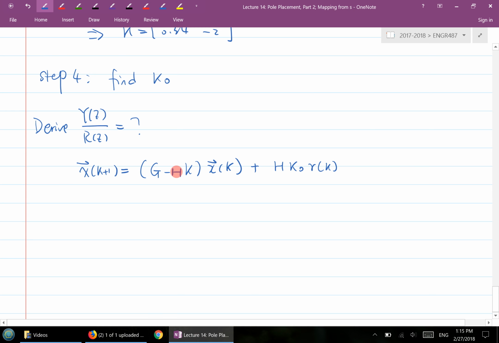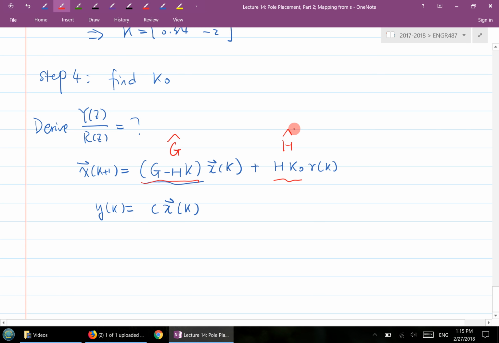Here's our closed loop system, and then y of k is equal to C x of k, right? I'll temporarily call this one G hat, and this one H hat.